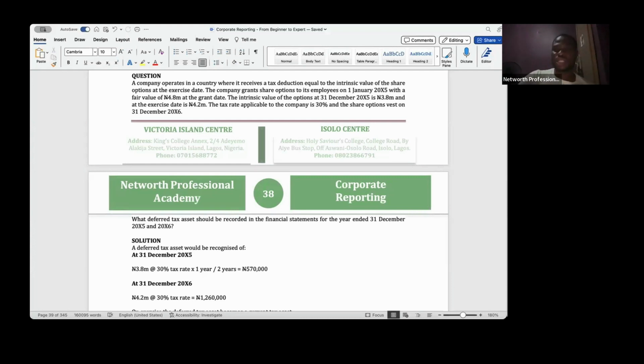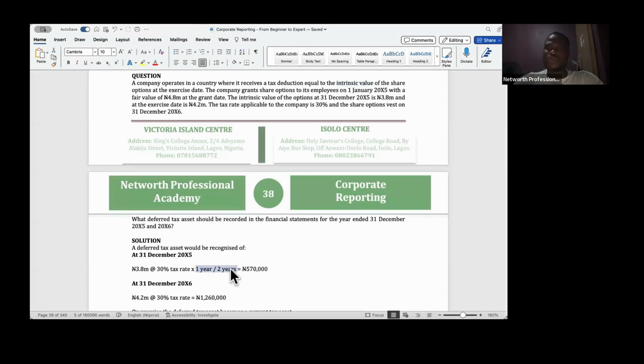And I don't also think you will forget the tax deduction, because they will always tell you that. In most questions we have seen, it's always the intrinsic value they will give you as the tax base, or as what the taxman allows as a deduction. I don't think you will forget that. What you can forget is this one.